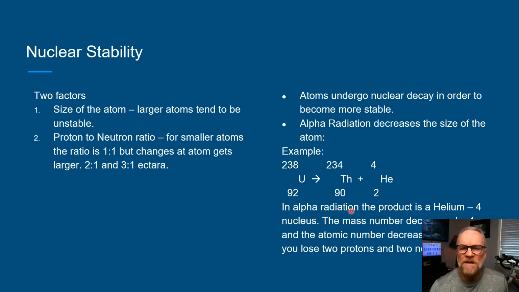In alpha radiation, the product is a helium-4 nucleus. The mass decreases by 4 and the atomic number decreases by 2, so you lose 2 protons and 2 neutrons. And we'll do some examples of those types of problems as we go along.